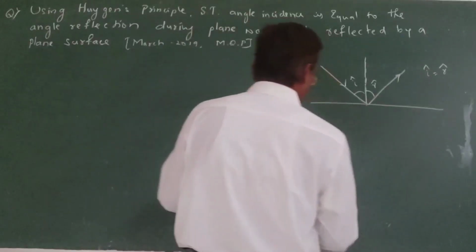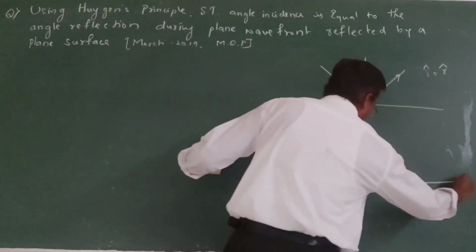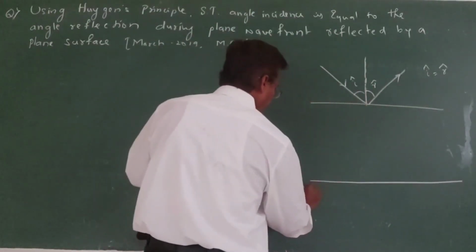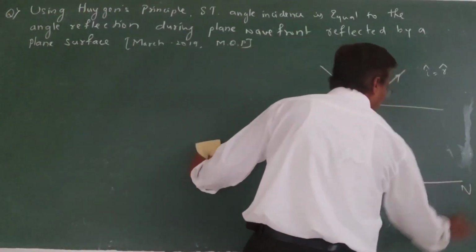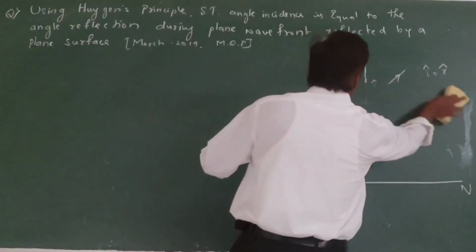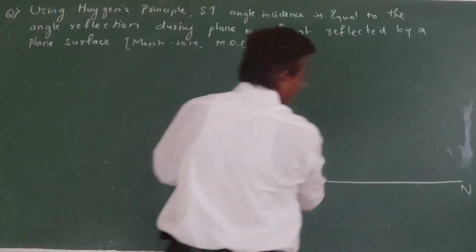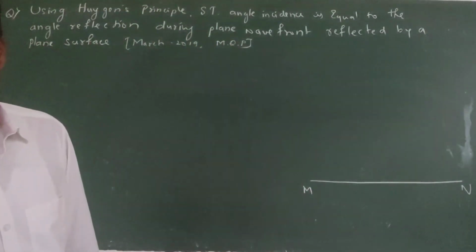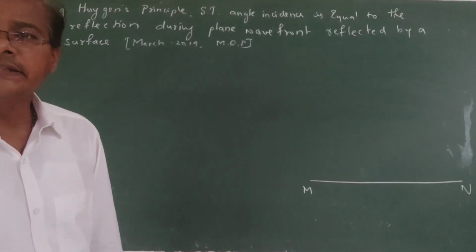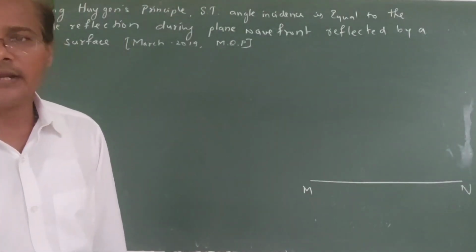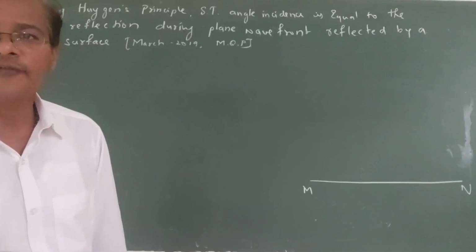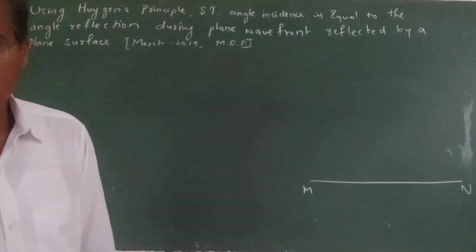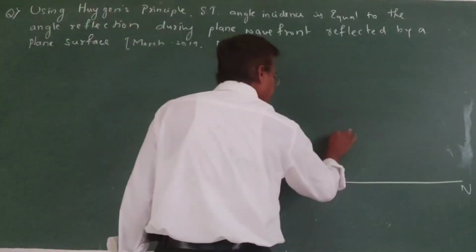We will draw the diagram. This is the diagram. MN is the surface. Here we are considering an incident plane wavefront and a reflected plane wavefront.